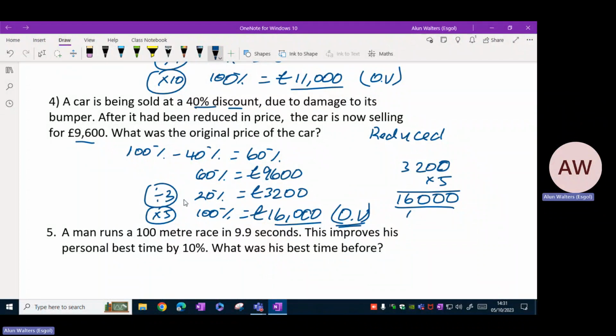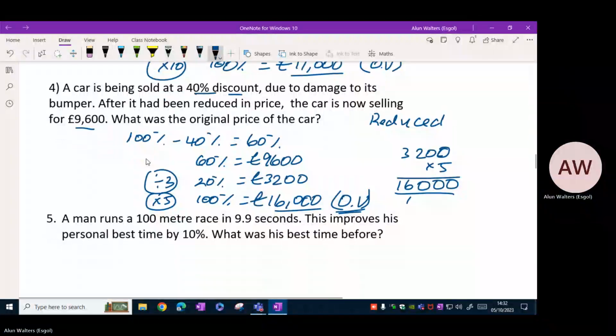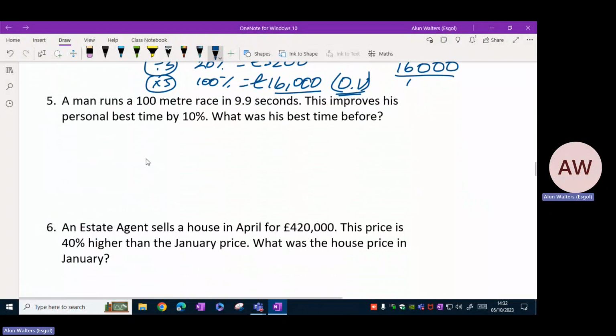Okay, so pause the screen anytime you wish to slow it down. I'm going to show you question 5 and 6, and then we will look at the calculator questions. So there's question 5 and 6.